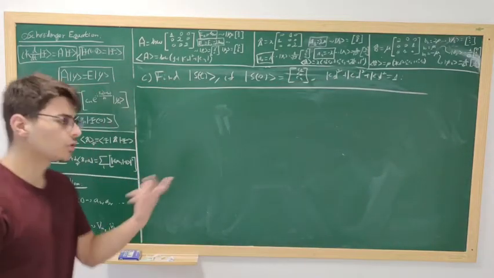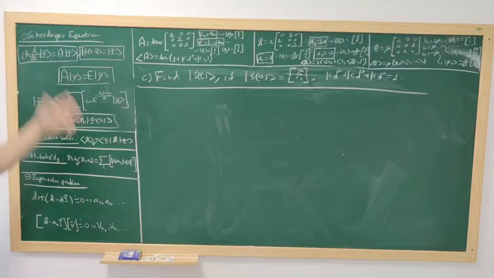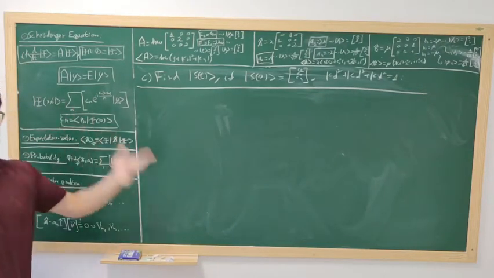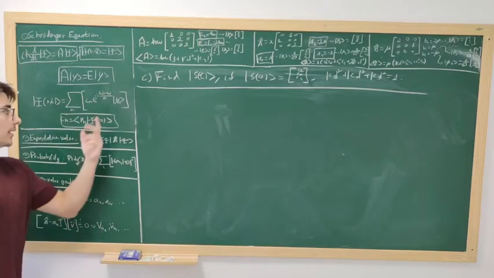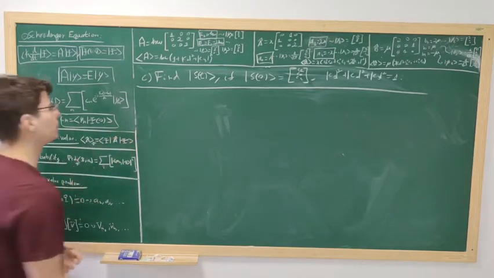Okay? So how do we find this? Well, as we said, the time evolution has to satisfy the Schrödinger equation, and the most general solution to the Schrödinger equation, if we represent it with the eigenvectors of the Hamiltonian, is given by this expression.